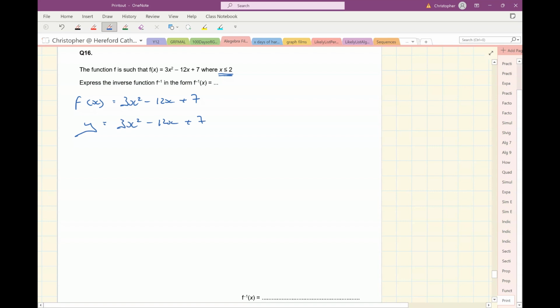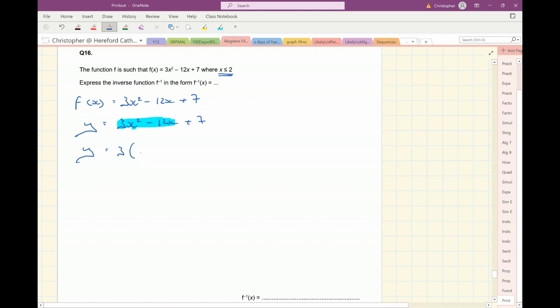But because it's quadratic on the right, I'm going to need to complete the square. So I'm looking to complete the square on the right, but I see I've got 3x². So I don't want to complete the square without having a single x squared. So I'm going to take out the 3 from this expression here.